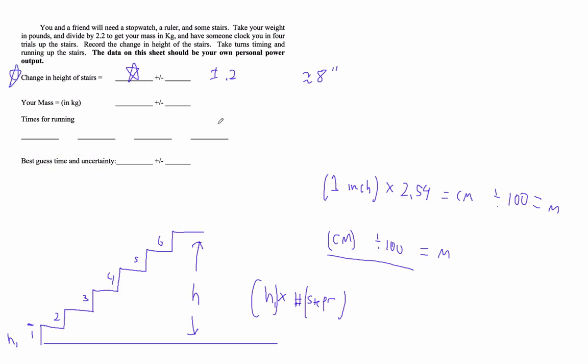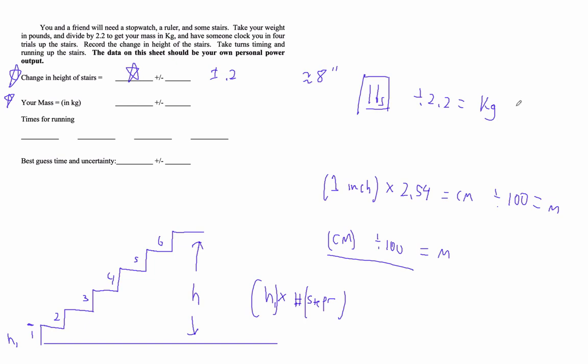The next video, of course, shows you how to do all the calculations for the rest of this. For your mass, just take what your weight is in pounds. If you have a scale, that's great. Find your weight in pounds and divide by 2.2, and that'll give you kilograms. And then what's our uncertainty? Probably most scales that you have would have a healthy uncertainty, at least a half a kilo.